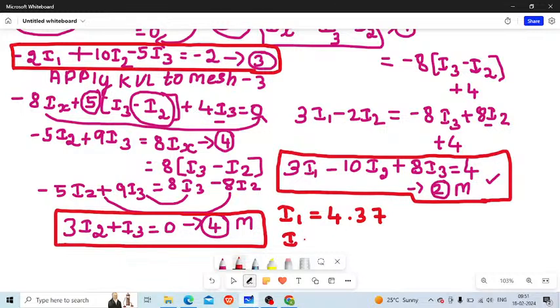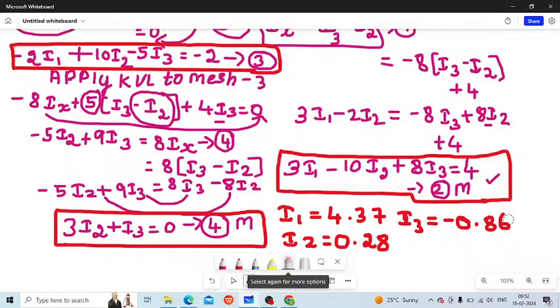I2 is equal to 0.28, and I3 is equal to minus 0.86, and this is Ix.